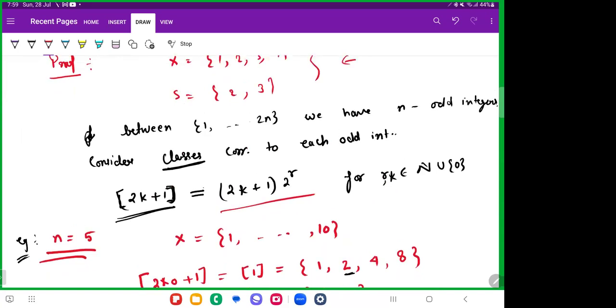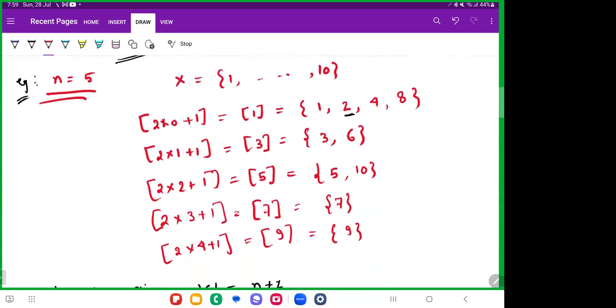Okay, sure. Is it clear now? Clear or not?